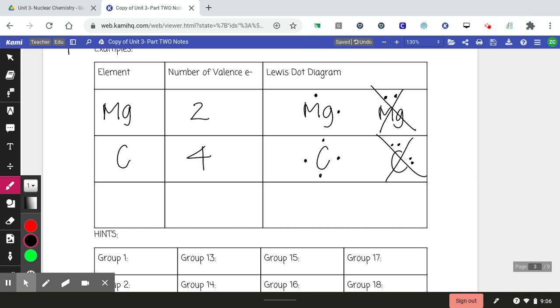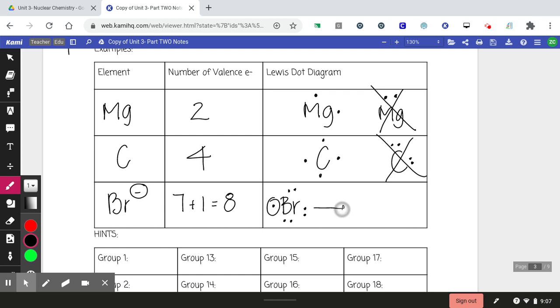Then I mentioned something about ions. So let's look at bromine with a -1 charge. Bromine's in group 17, so as an atom it has 7 valence electrons. But this -1 charge here means we're adding 1. So now we have 8 valence electrons. So I'm going to draw bromine with its 7. So we have 1, 2, 3, 4, 5, 6, 7. That shows me there's 1 unpaired electron.